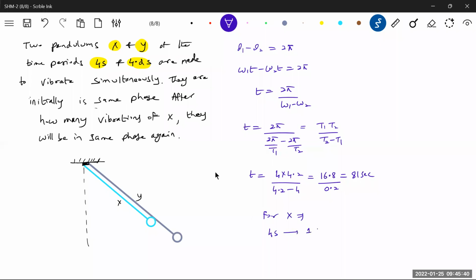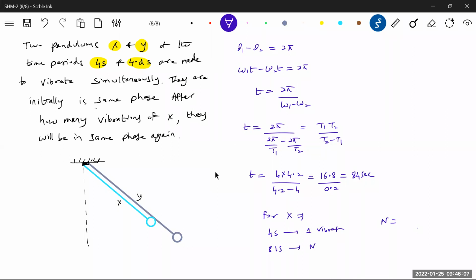4 seconds it will take for one vibration. For 84 seconds, n vibrations. So n should be equal to the time taken, no? 84, huh?